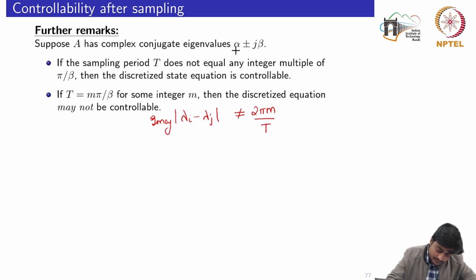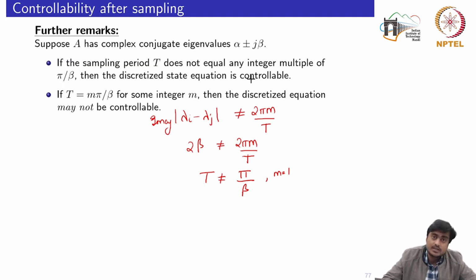The difference of the imaginary parts gives twice beta, and this should not be equal to 2 pi m by t, which is equivalent to saying that t is not equal to m pi by beta. So if t is not an integer multiple of pi by beta, then the discretized state equation is controllable.